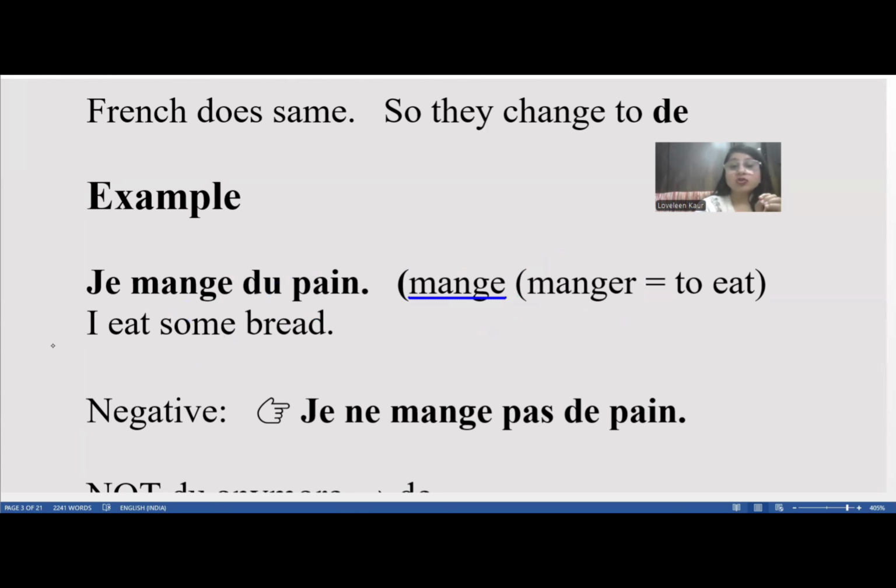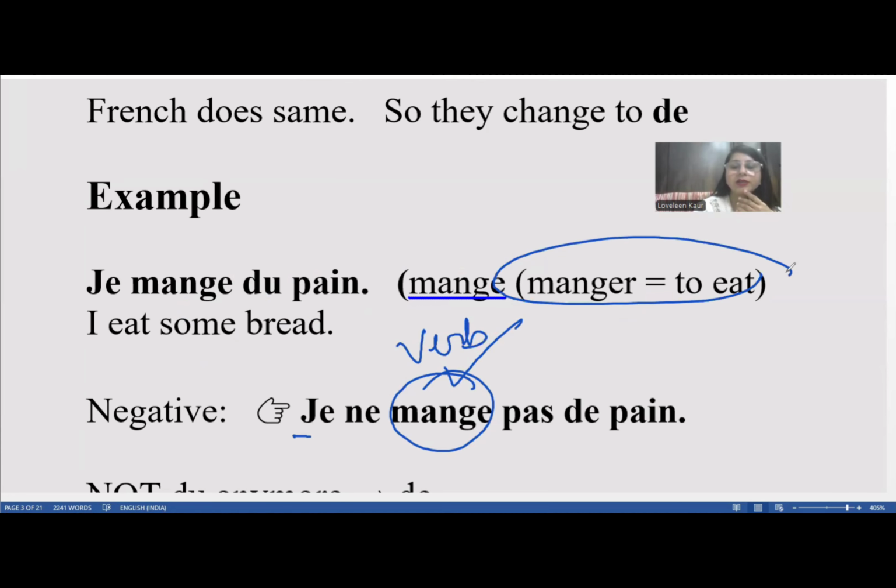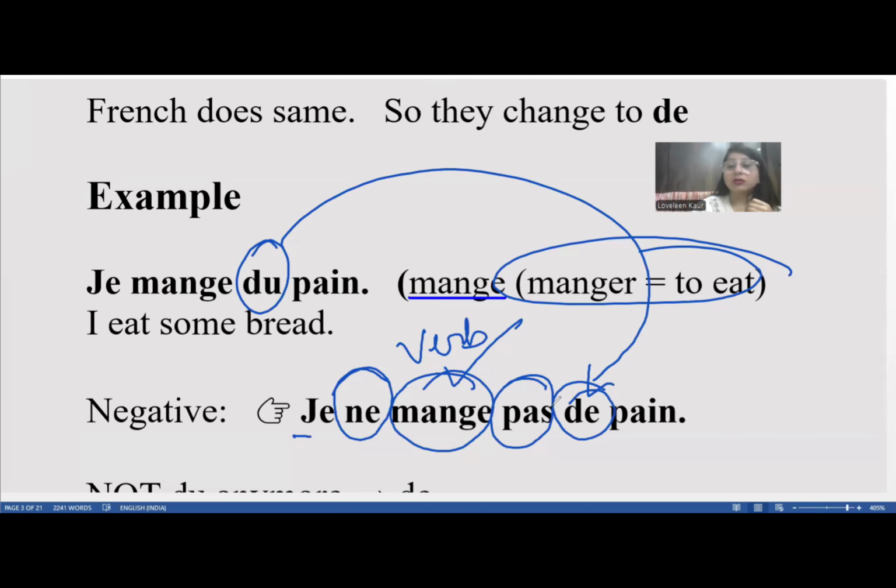So je mange du pain means I eat bread or I eat some bread. Whenever you make it negative, you put ne and pas around the verb, which I just told you. But what happened to du? It will change to de. ये बहुत जरूरी है, ये de करना है, नहीं तो इट्स क्वाइट वियर्ड, यू नो.